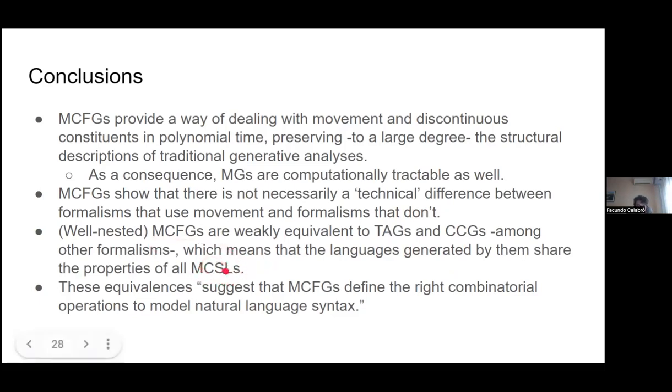And they can be parsed in polynomial time, as we saw, and they have linear growth, and they can capture some kind of cross-serial dependencies and nested dependencies. And finally, this is what Clark says: this equivalence between MCFGs and these formalisms suggests that MCFGs define the right combinatorial operations to model natural language syntax.